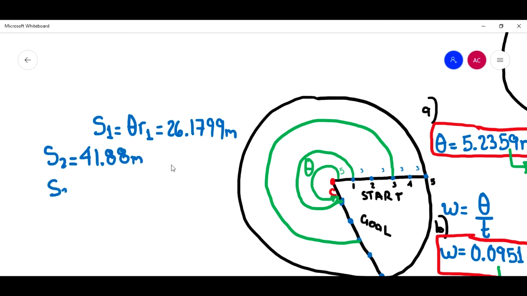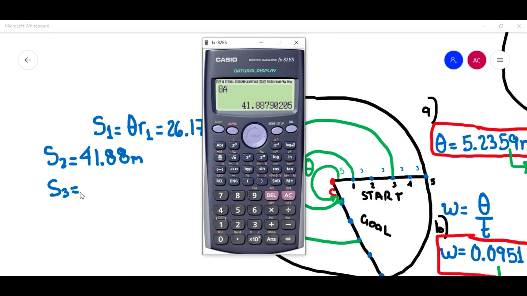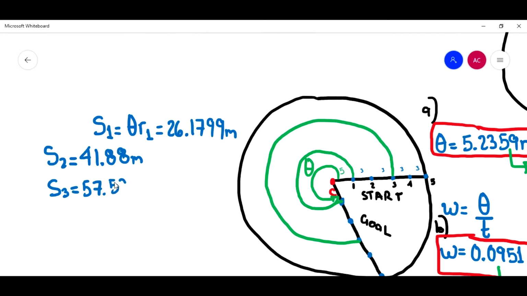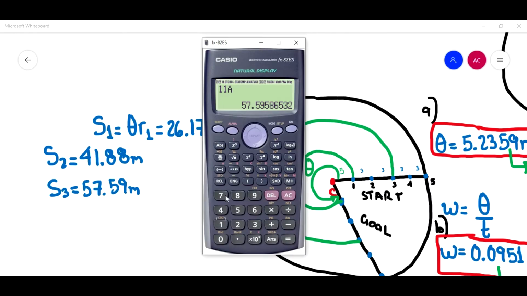For the third cyclist, I get 8 plus 3, so it's going to be 11A, which is 57.59 meters.